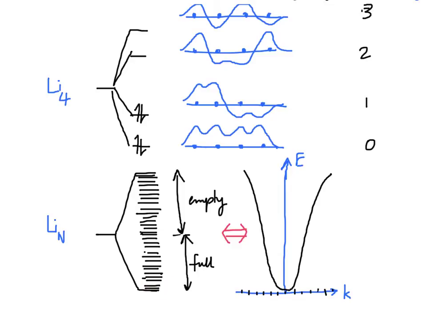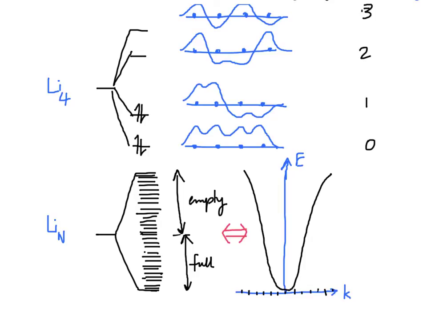Each energy level on the left is indicated by each of these energy values in the plot on the right, and the wave function corresponding to each of the energy levels is, of course, indexed by our k values.